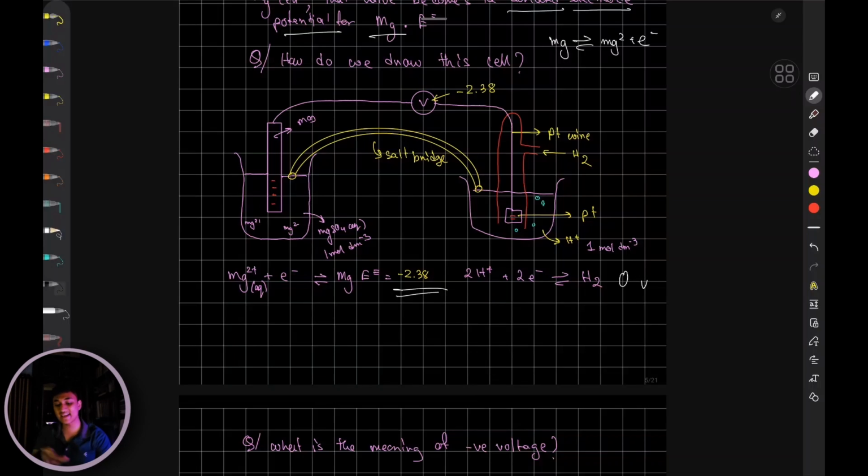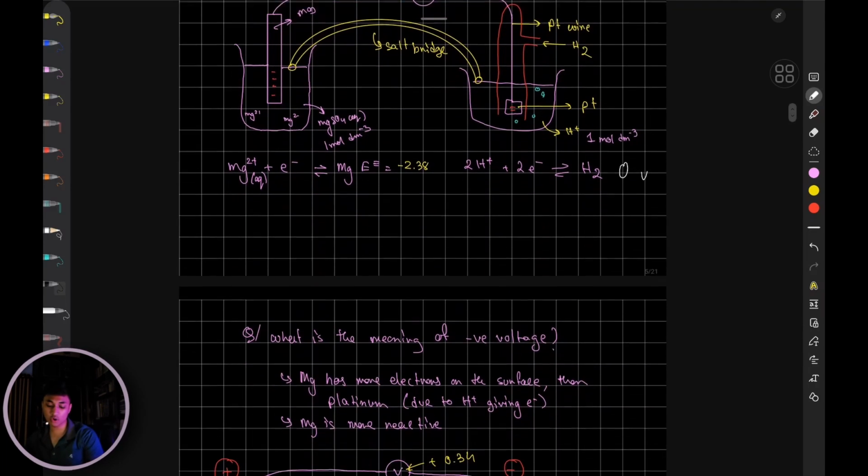So when you connect both the half cells together, you see a reading compared to your hydrogen half cell. So this is actually your electrode potential relative to the hydrogen half cell, right? In comparison to the hydrogen half cell, what is the electrode potential of the magnesium ion half cell?